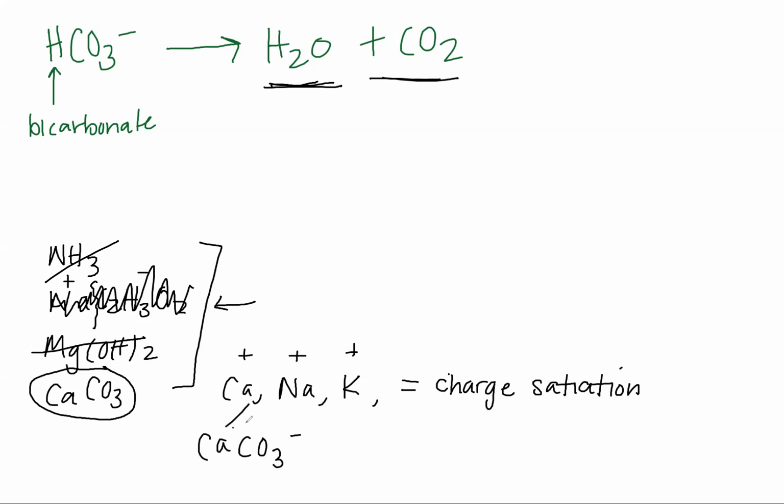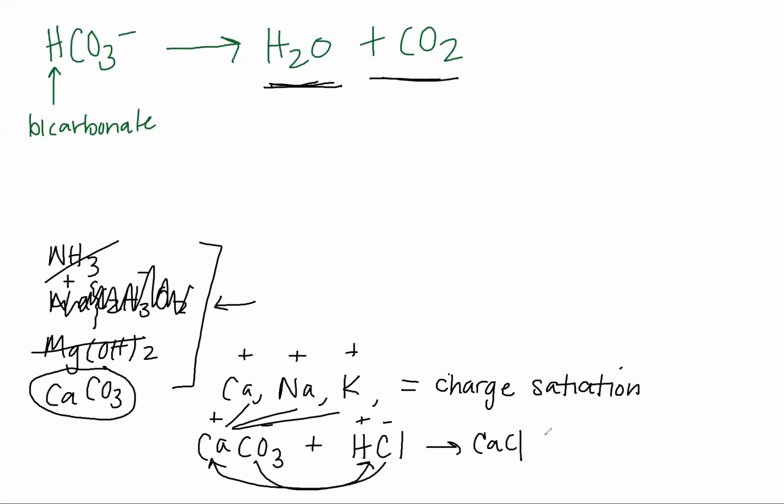Well, we can just toss one of these guys on this CO3 and it will help balance out the charge. So now we can use that in a reaction when we create that with acid, a strong acid. So then what's going to happen is we'll make this is minus, this is plus, this is plus, this is minus. So then this is going to pick up this, and this minus and this will come together. And I'm sure you've all heard of calcium chloride, and now we've created bicarb.